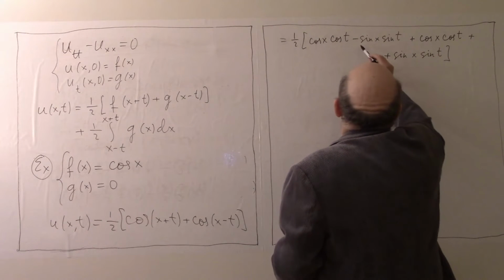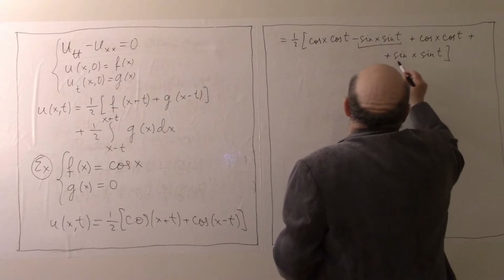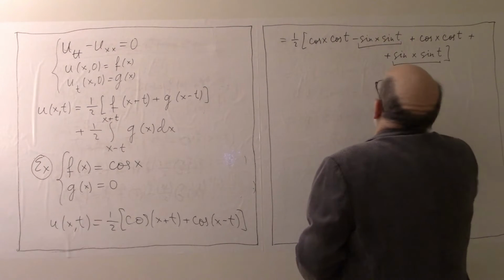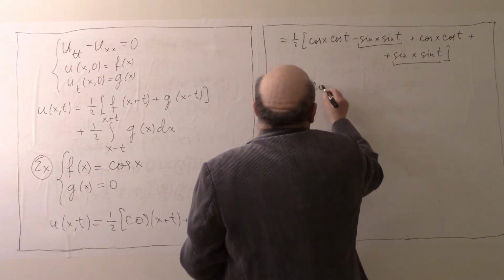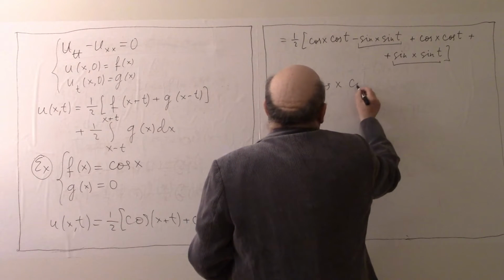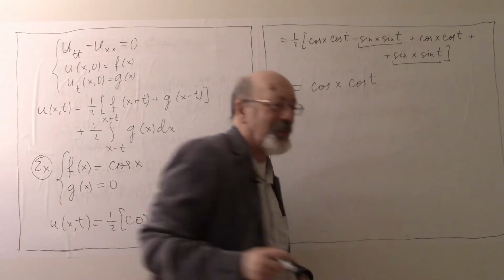Now this term cancels this term, so as a result it will be simply cosine x cosine t.